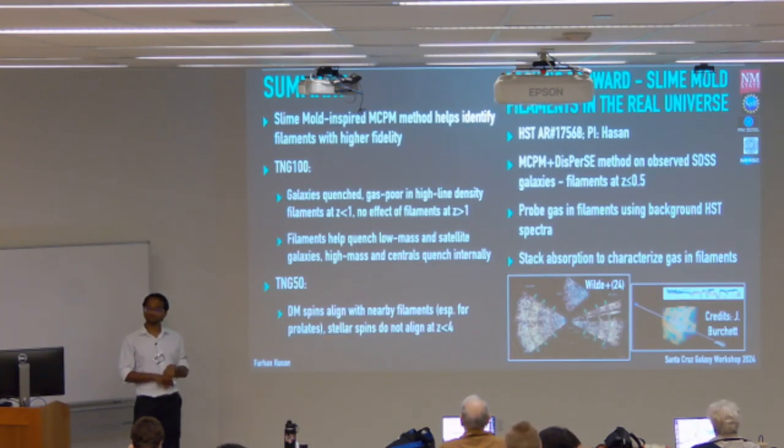what you do when you use slime mold is that essentially you go more multi-scale because you recover small scale. So all this consideration of galaxies are closer to filaments now.